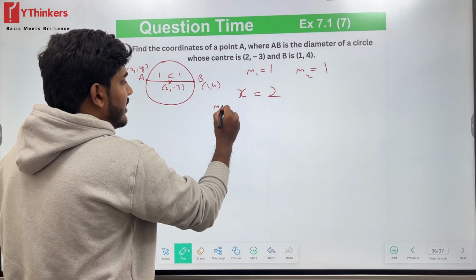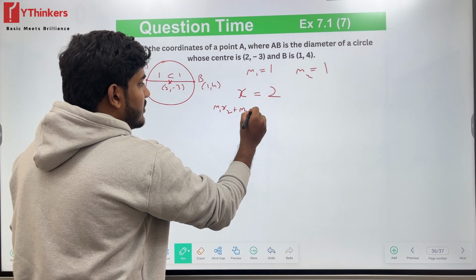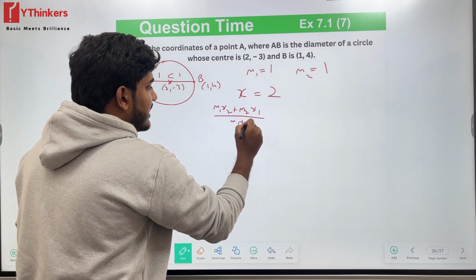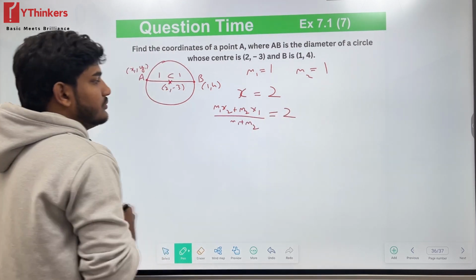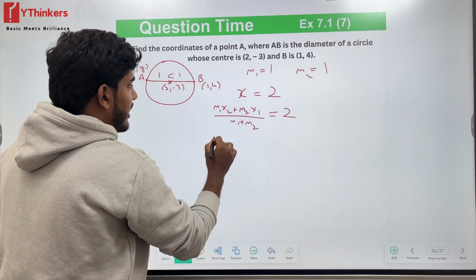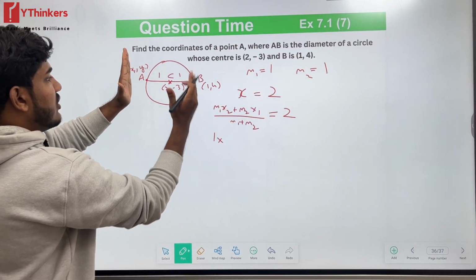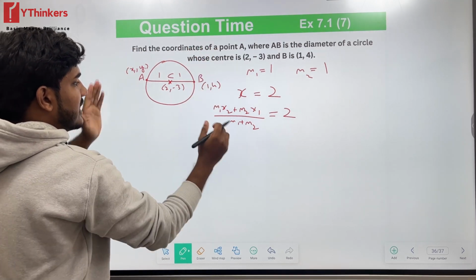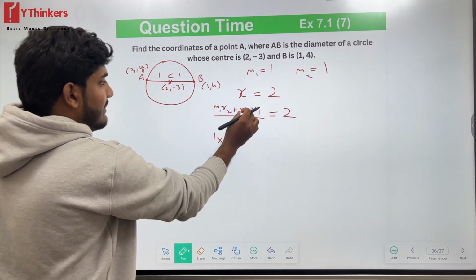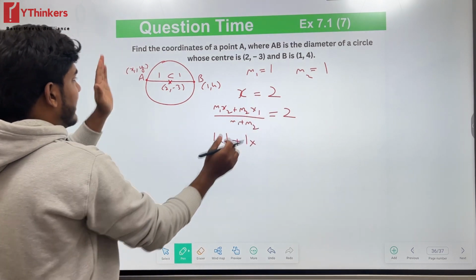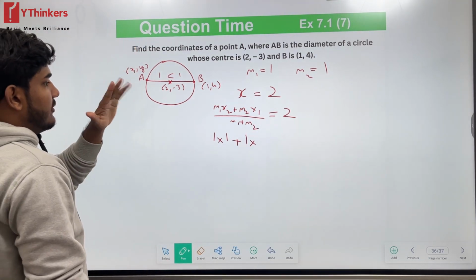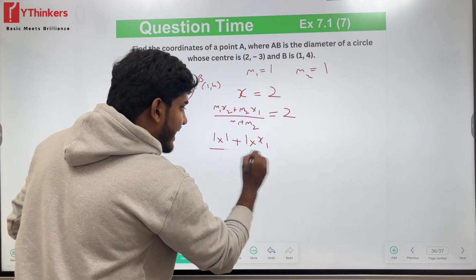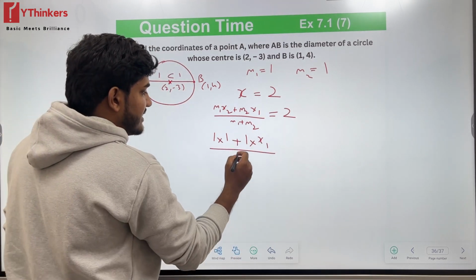It is nothing but m1 x2 plus m2 x1 divided by m1 plus m2 is equal to 2, करेक्ट? m1 क्या है, 1 इंटू x2 क्या है, a और b अगर लाइन सेगमेंट है तो x2 क्या होगा, b का वैल्यू, b का x वैल्यू विच इज नथिंग बट 1 प्लस m2 अगेन 1 इंटू x1, x1 मतलब a का x वैल्यू विच वी डोंट नो, वी आर अज्यूमिंग इट एज x1, करेक्ट.